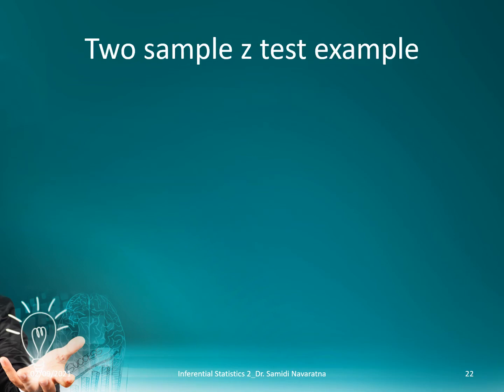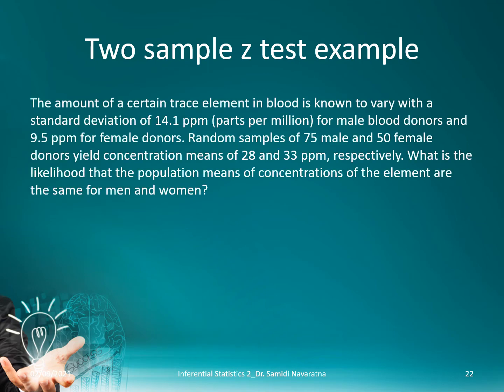Let's look at an example to understand hypothesis testing using the two-sample z-test. Let's say the amount of a certain trace element in blood is known to vary with a standard deviation of 14.1 parts per million for male blood donors and 9.5 parts per million for female donors.